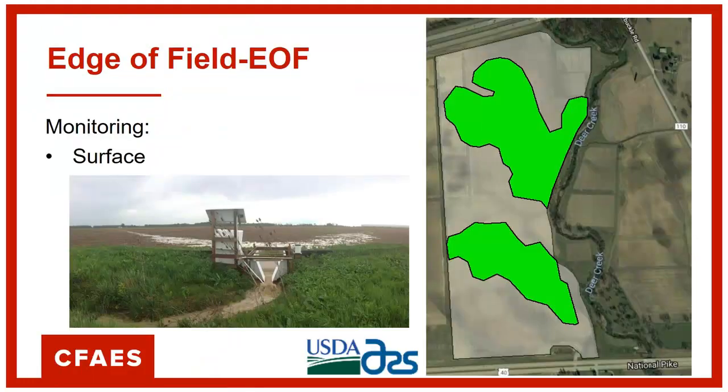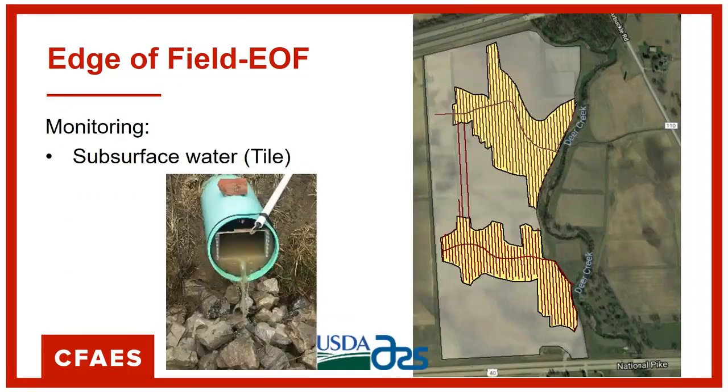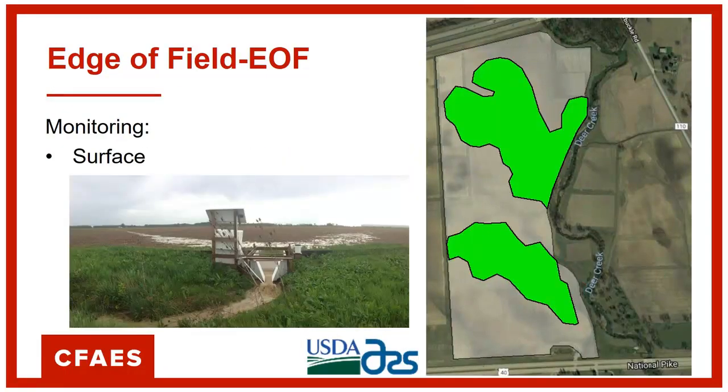So moving from erosion, let's talk a little bit about the phosphorus. The edge of field studies, you've seen these pictures several times, but this is actually one of the fields that shows the two contributing areas from a surface standpoint. This is the location in central Ohio at Beck's.